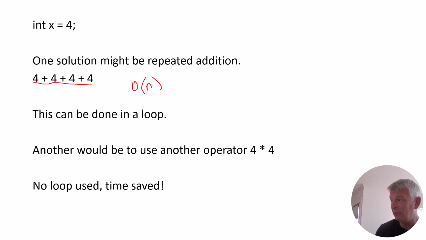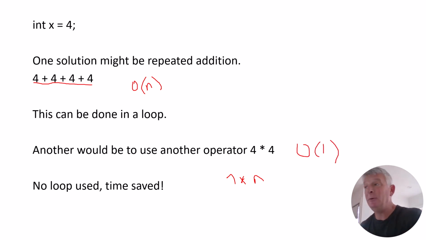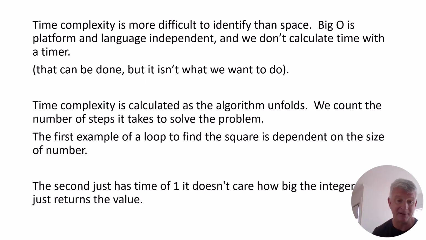But if you just wrote return n times n, no loop, O of 1. See that? If you can get away without a loop and make it constant, that's how you can write more efficiently. Okay? If there's another solution.